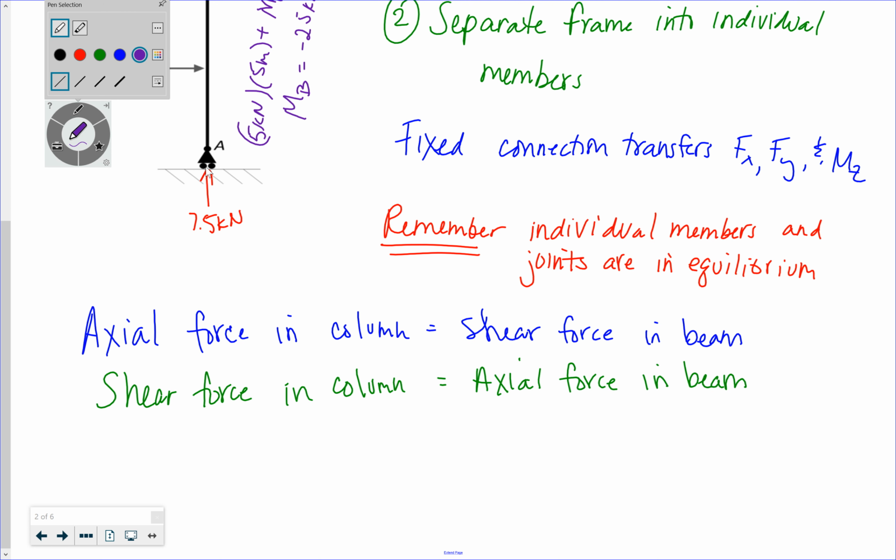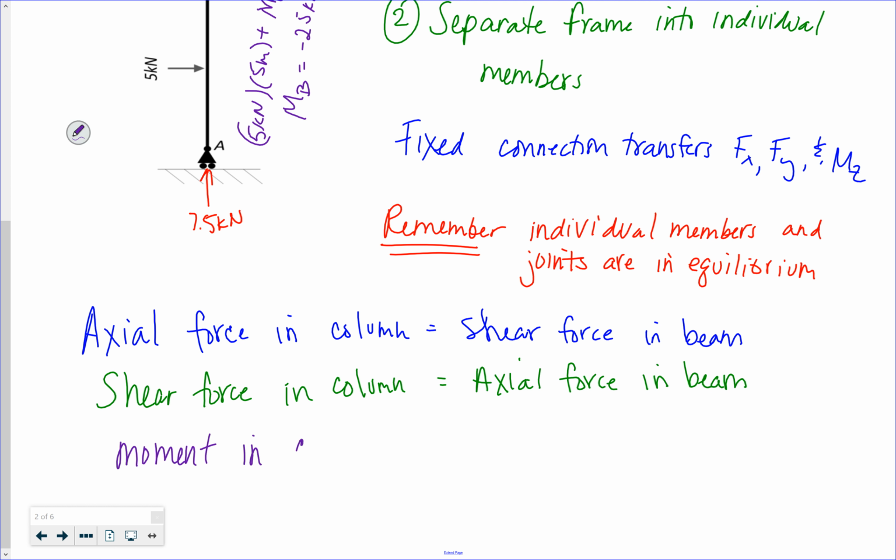And your moment in your column is equal to negative, right? Opposite direction, moment in beam, opposite direction.